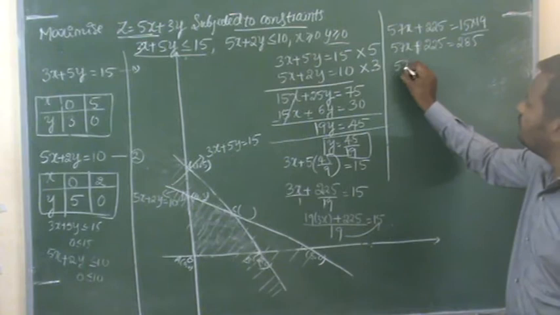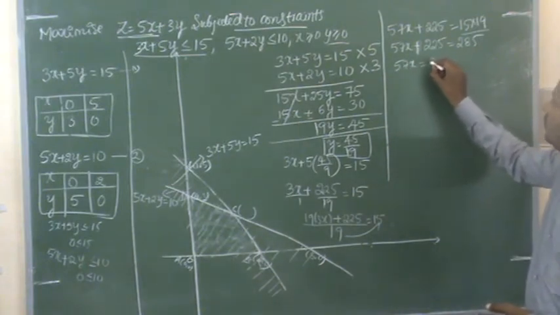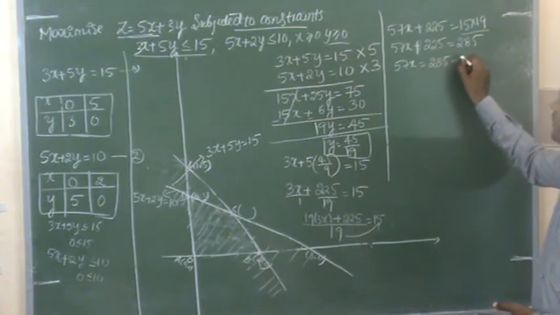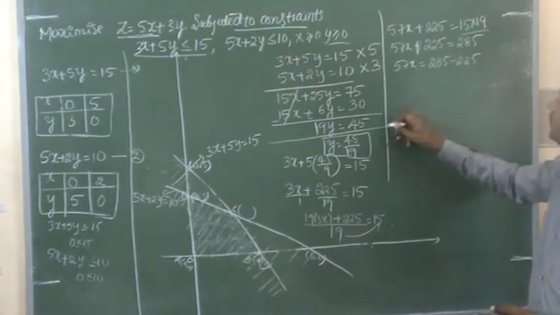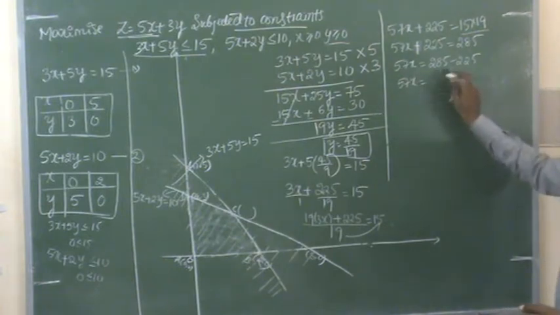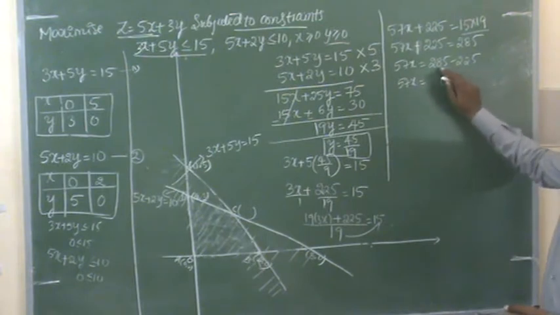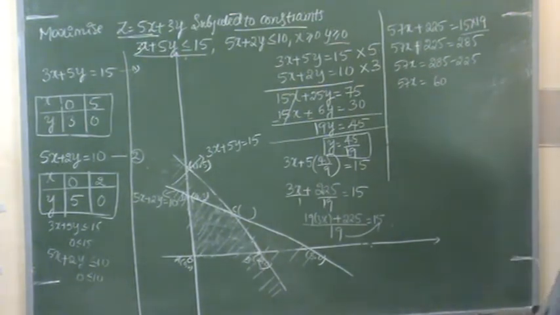Now 57x is equal to 285 minus 225. Therefore 57x is equal to 60.